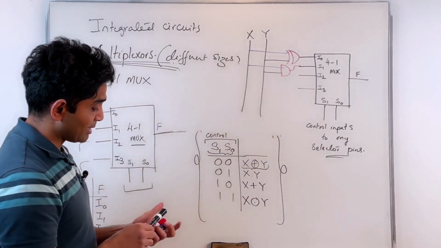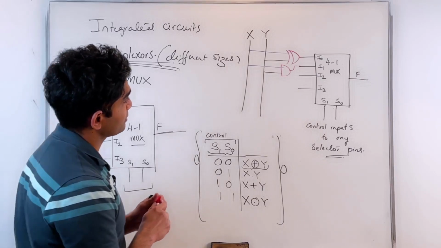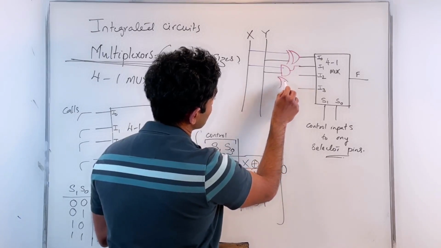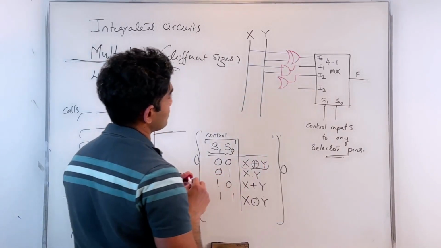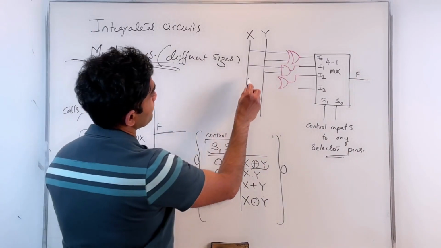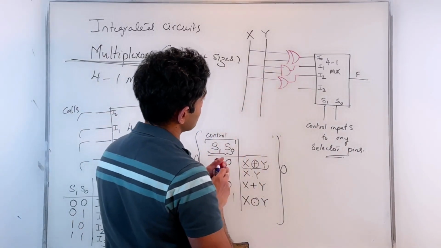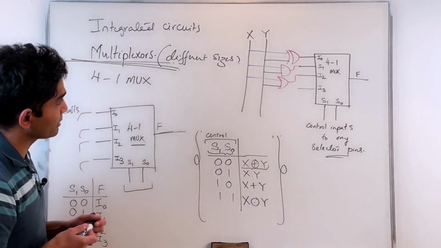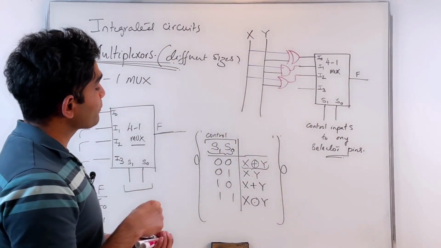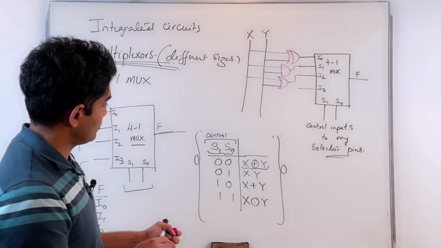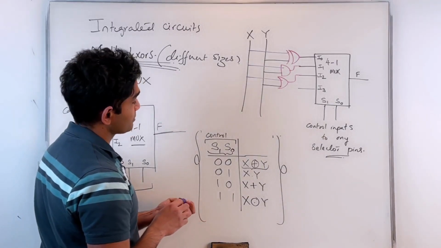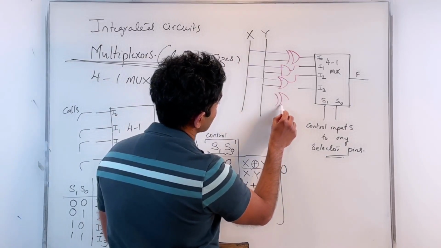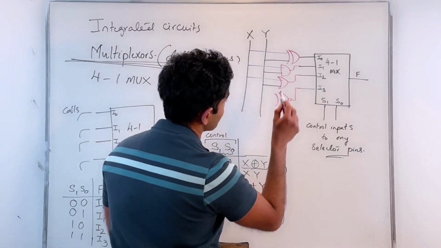That means I need to apply the OR operation here between X and Y. And finally, I need to get X exclusive NOR Y for 1, 1. So let me do that. That's exclusive NOR Y.